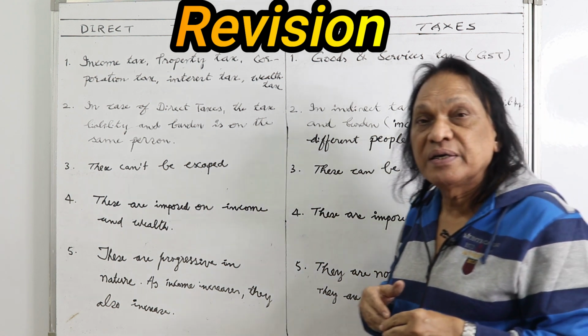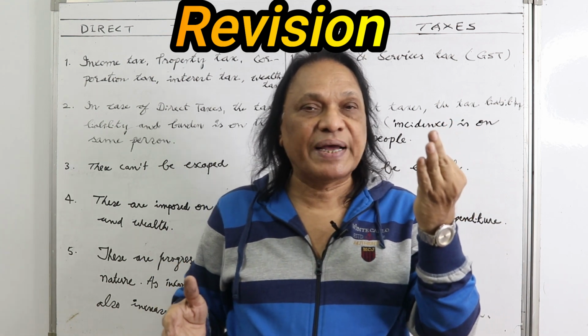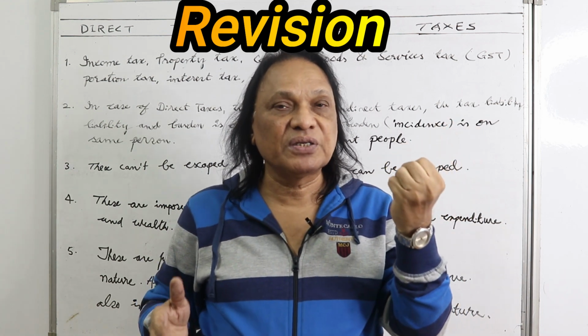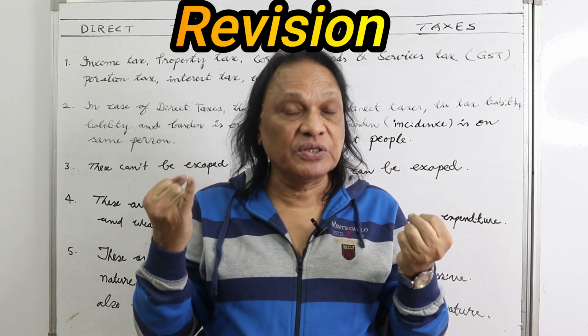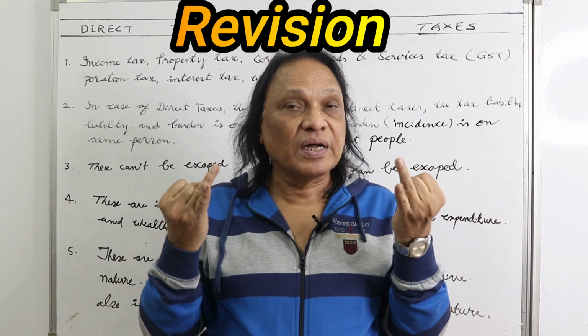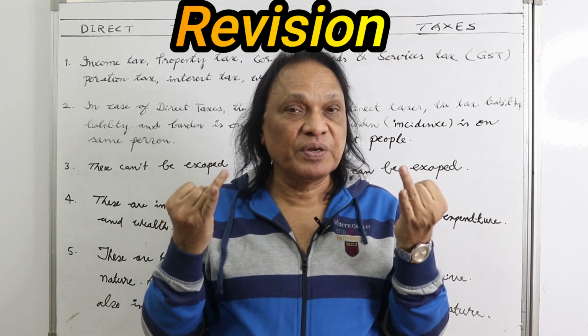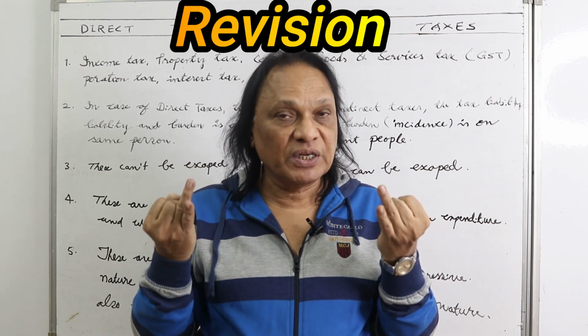We repeat once again, direct and indirect taxes. Direct taxes are property tax, income tax, wealth tax, corporation tax, interest tax. Indirect taxes are just one, GST, goods and services tax. The second point is direct taxes are imposed on income and wealth of the people. Indirect taxes are imposed on the same income when you spend it. That's only on the expenditure.